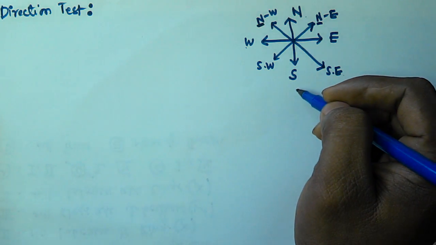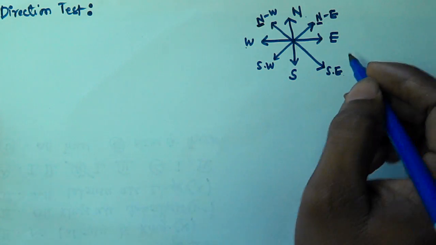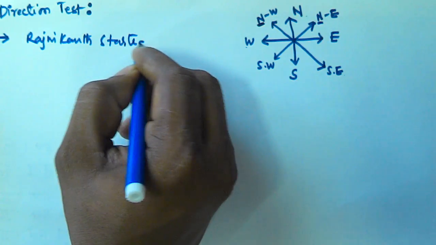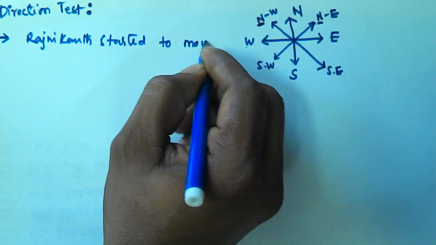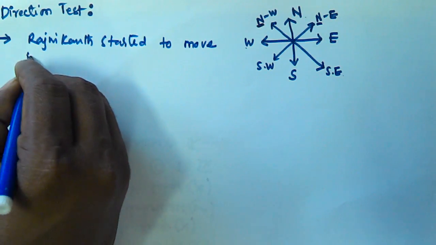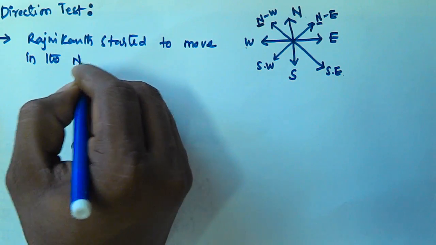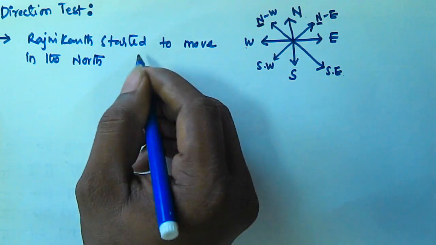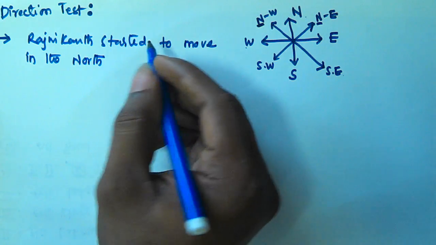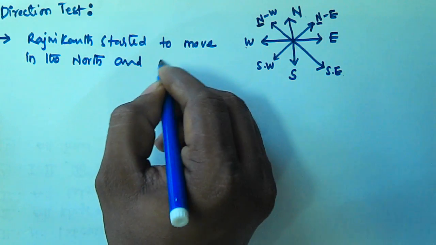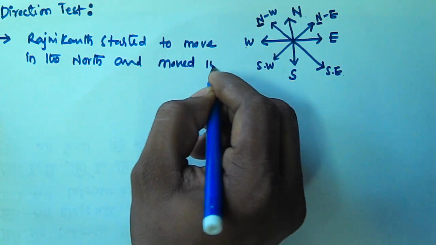So now let's take one problem and solve it based on these directions. The first problem is: Rajnikant started to move in the north and moved 15 meters.